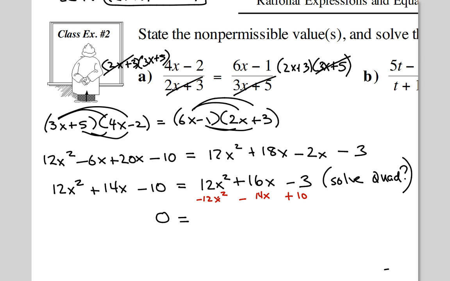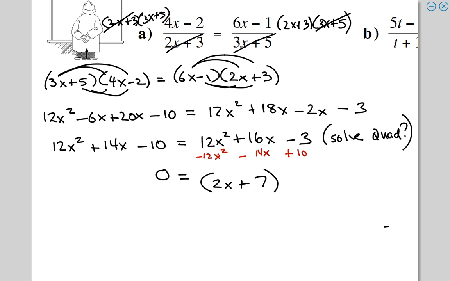And we have 2x plus 7 equals 0. Can that be factored? So what's the zero product rule? Cover up the 7, negative 7 halves. Do you recognize this? Imagine the 2 isn't there, it would be negative 7.